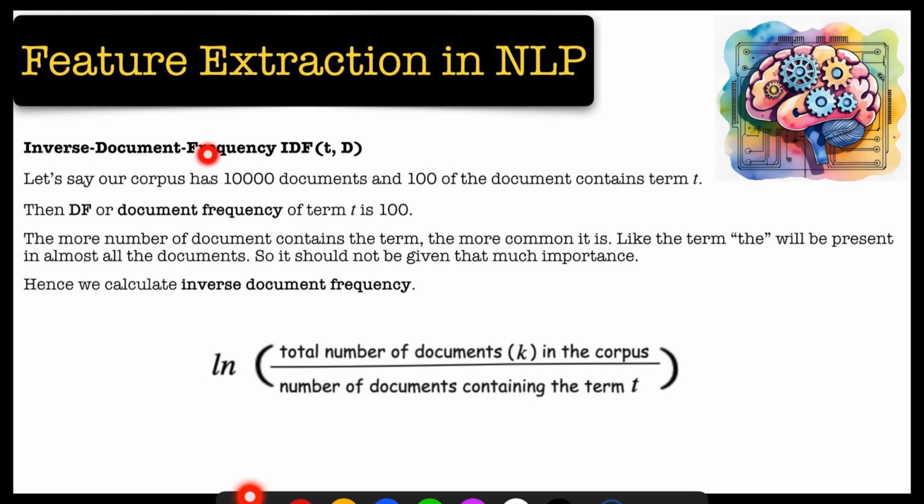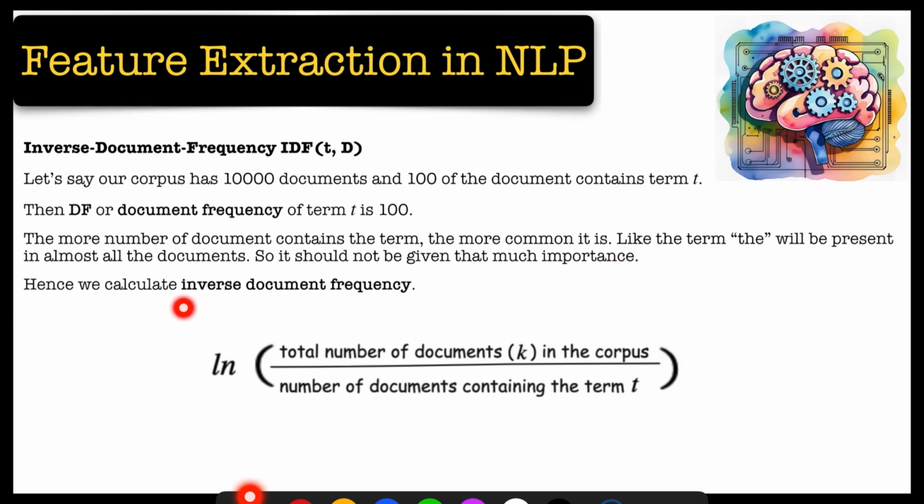Next is inverse document frequency, or IDF. Let's say our corpus has 10,000 documents and 100 of the documents contain term T. So the DF, or document frequency of term T, is 100 because it occurred in 100 documents. The more documents contain the term, the more common it is. Like the term 'the', that will be present in almost all the 10,000 documents, right? So it should not be given that much importance.